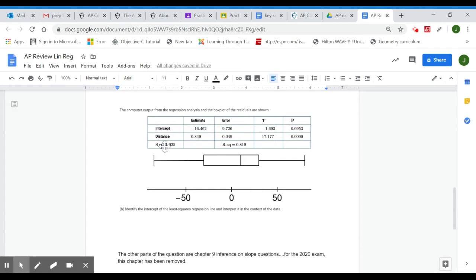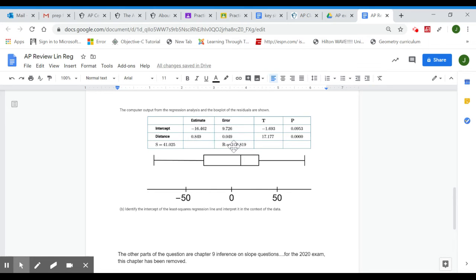From what we learned in the course, S is how much we expect the typical residual to be. It's almost like the standard deviation of the residuals. Okay. The R squared value, remember, what we do is we take the square root of that, and since the slope is positive, it's going to be about positive 0.9 something, really close to 0.9.